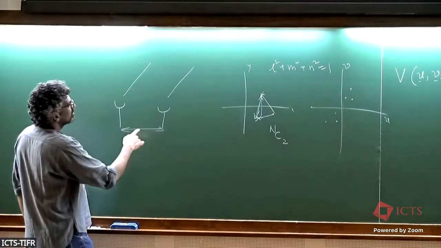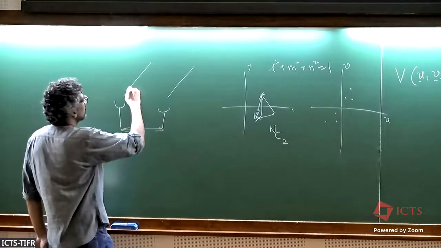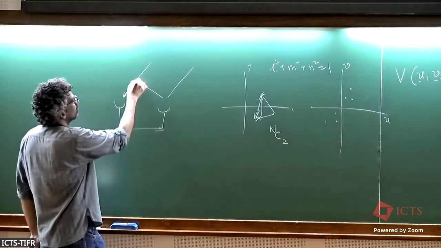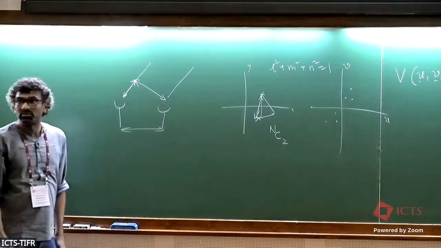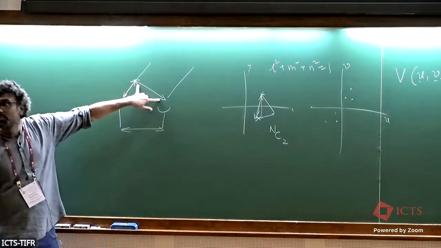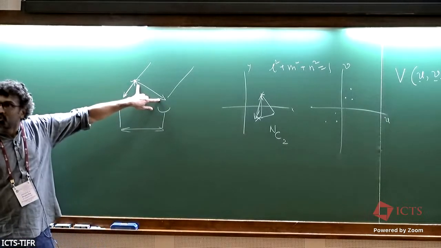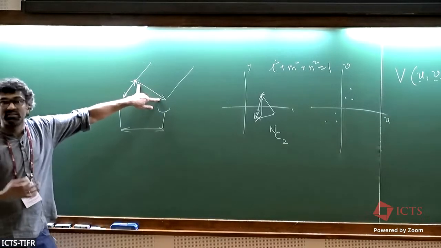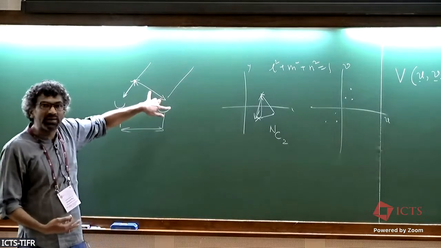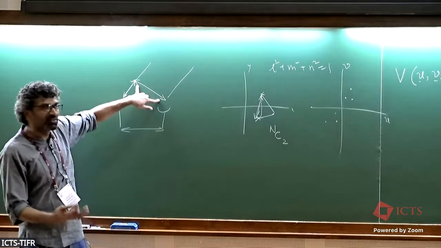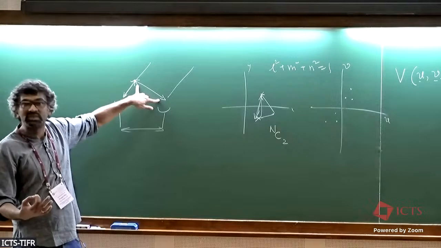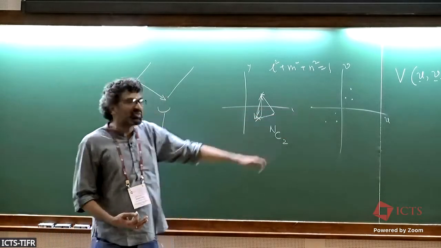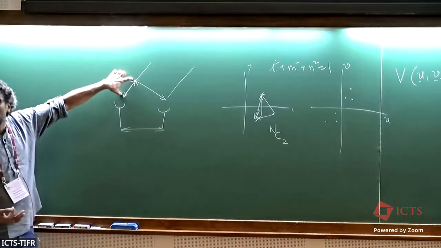But that can be decomposed into two components, one which is along the line of sight and one which is perpendicular to the line of sight. These components give you u and v. The east-west and north-south component of this separation, the projected separation that the source will be seeing for the two antennas, will give you u and v. Okay? This is what will give you w.